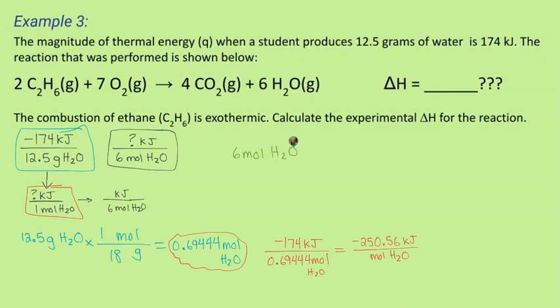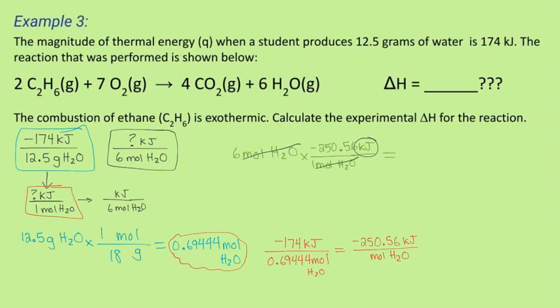And so I'll use this as a conversion factor. For every 1 mole of H2O, I have negative 250.56 kilojoules. And so that's one way to set it up. So your moles of H2O just cancel out, and you're left with simply kilojoules.